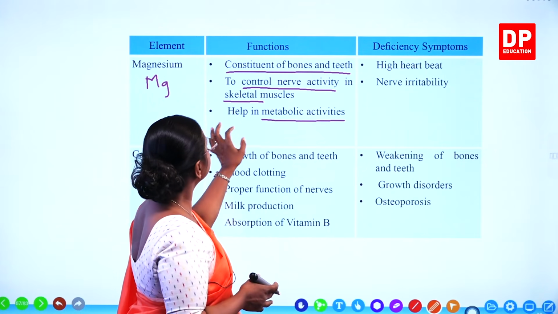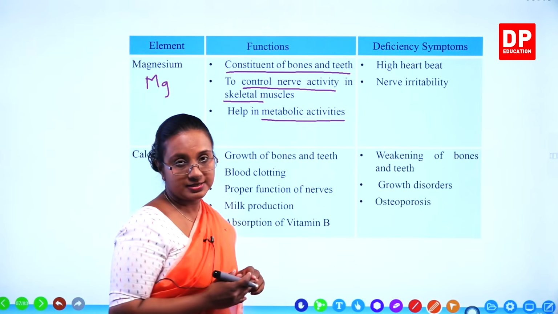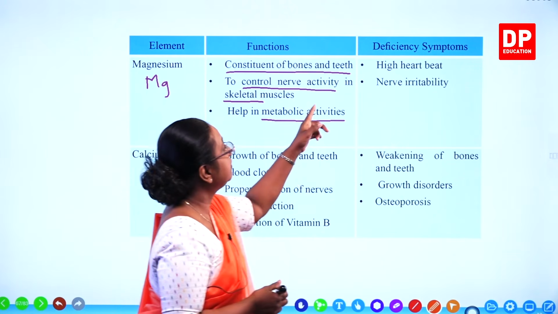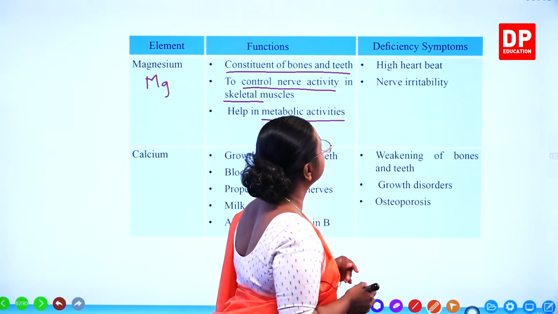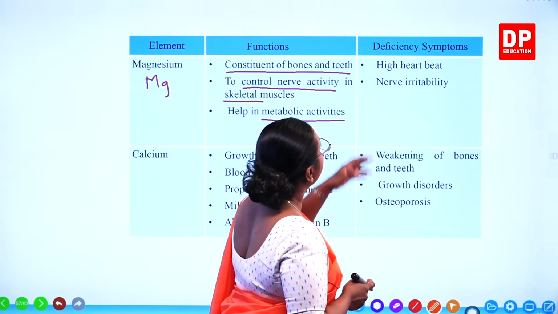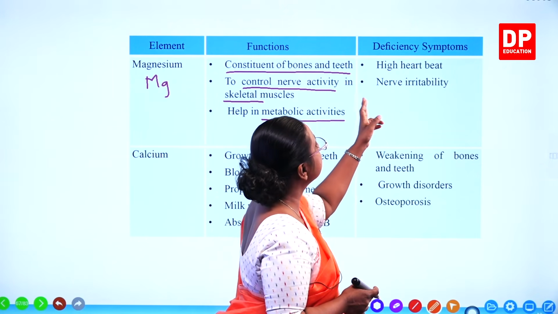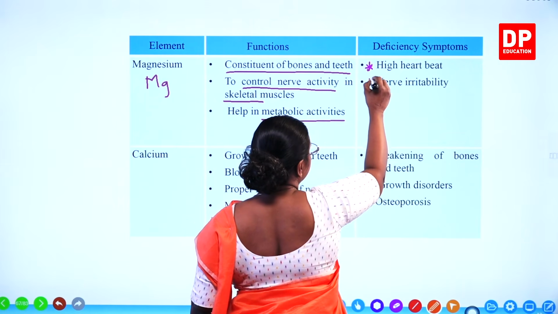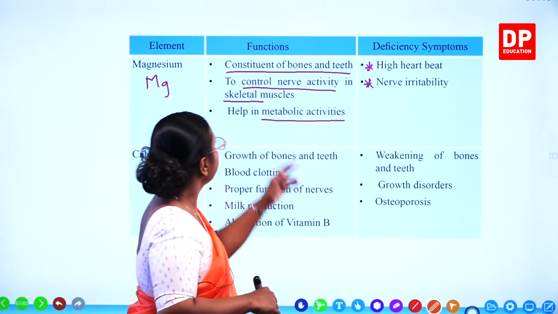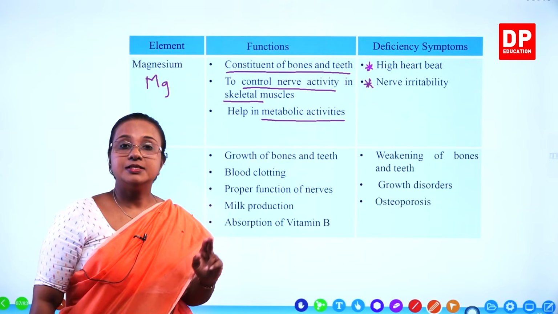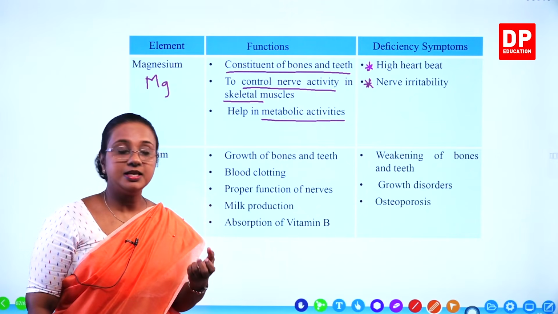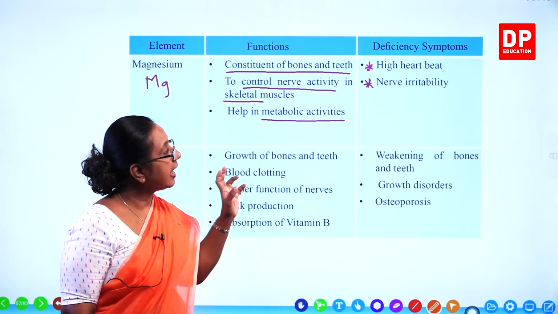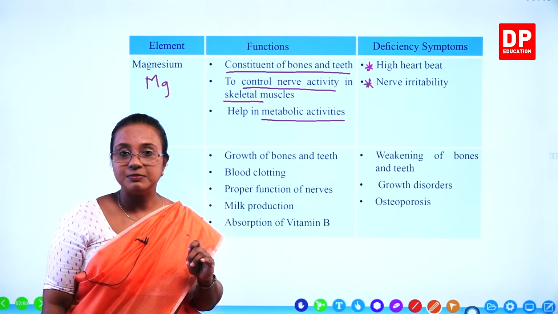So these are the functions of magnesium ion, and if this is deficient, we will see these two deficiency symptoms. High heartbeat and nerve irritability. Because this magnesium is needed to control the nerve activity, there can be nerve irritability.